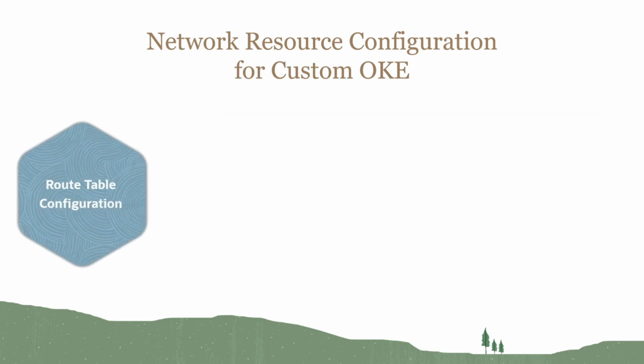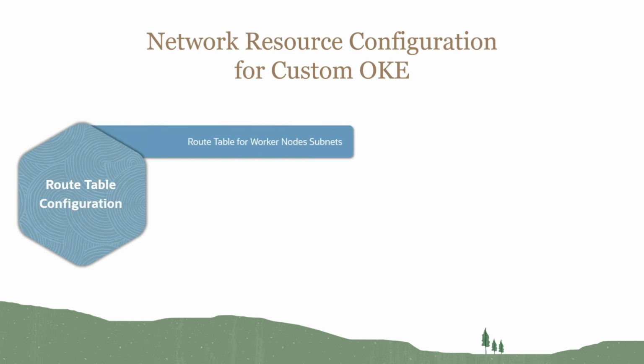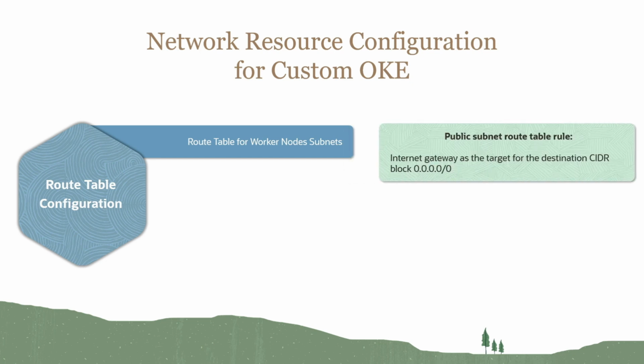When setting up your custom OKE cluster, you will need to configure route tables for various subnets. Let's break it down. For worker node subnets, especially the public subnet, you'll need a route rule directing traffic to the internet gateway as target for the destination CIDR block 0.0.0.0/0.